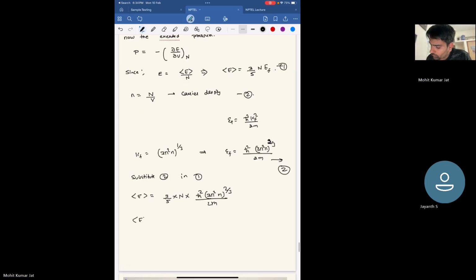So let's just take the derivative of it, del E by del V. It is 3 by 5 times n times h bar square times 3 pi square n to the power 2 by 3, and n to the power 2 by 3 goes as 2 by 3 n to the power minus 1 by 3, by 2m.